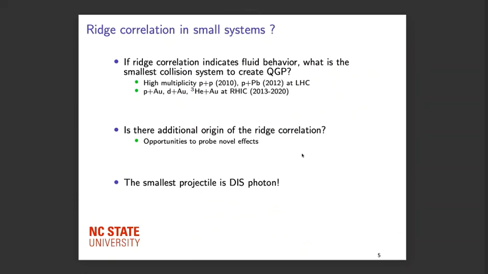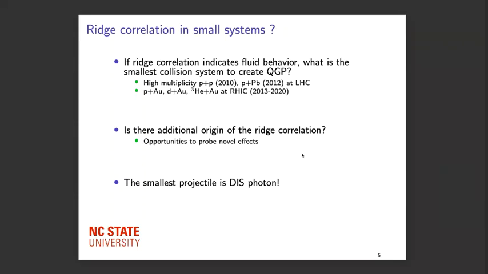Now we can take this step further and ask the question: how far can we push this paradigm to study the collective behavior in the collisions? We can go to smaller systems. I think the first small system flow was observed by CMS, in high multiplicity proton-proton collisions.